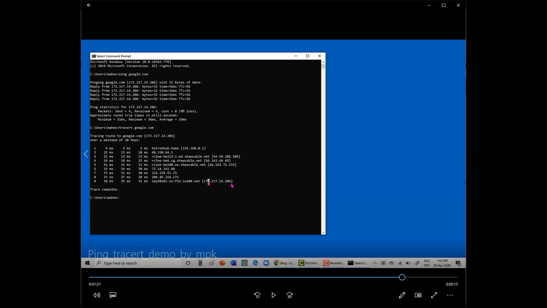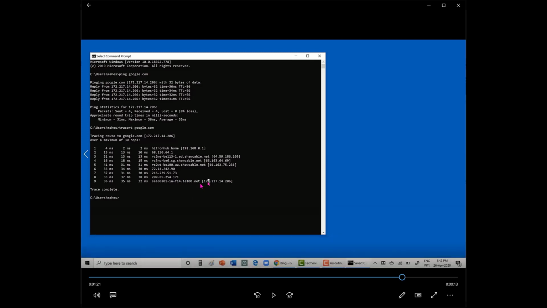So this is the whole route from my home to google.com and all the gateways in between. And if one of these is unsecure, right, Shaw cable you can see here in between and all that, so if one of these computers is unsecure and anybody can hack it, then our security would be compromised, right?